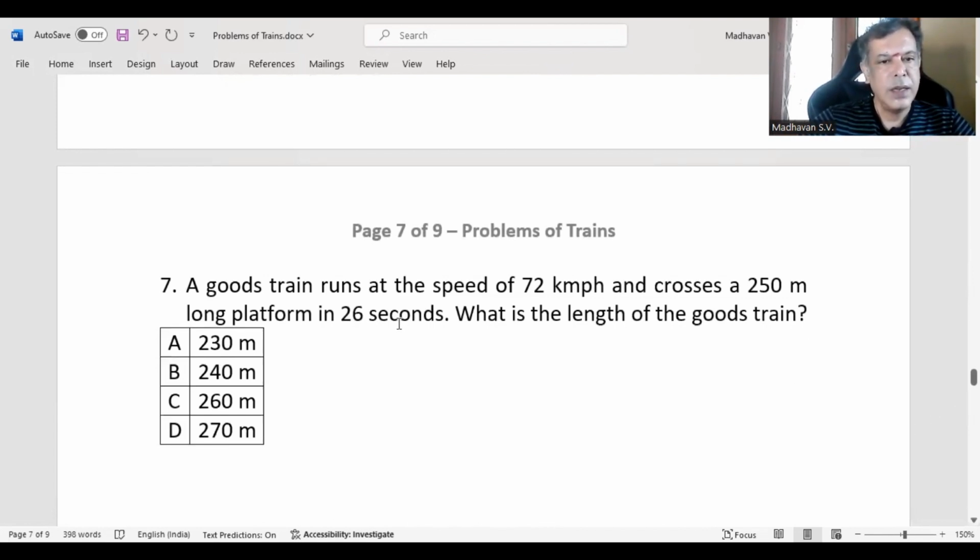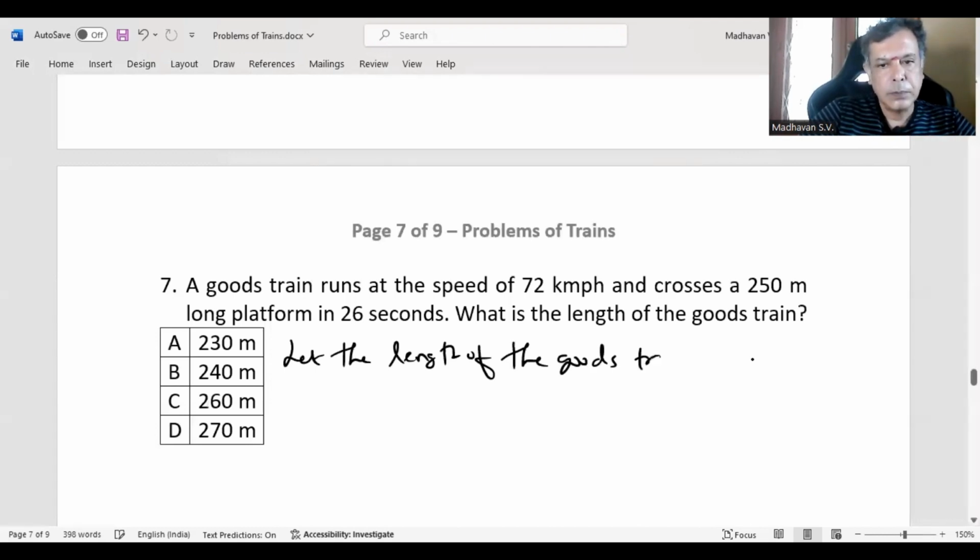A goods train runs at the speed of 72 km per hour and crosses a 250 meter long platform in 26 seconds. What is the length of the goods train? So let the length of the goods train equal L meter.